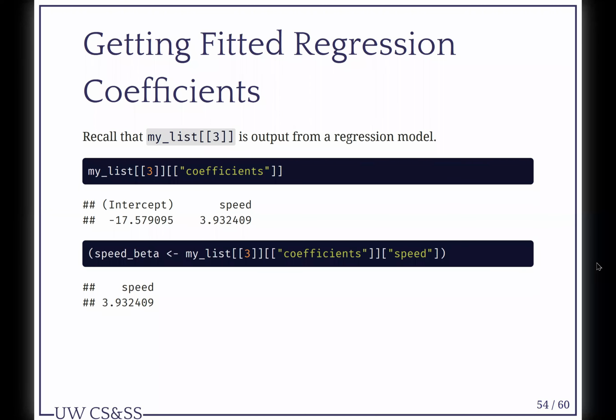And then let's say we wanted just the coefficient for the speed covariate. We could say our speed beta object, assign it my list, the third element of my list, the coefficients element of that object, and then the speed element of that coefficients object that's here.